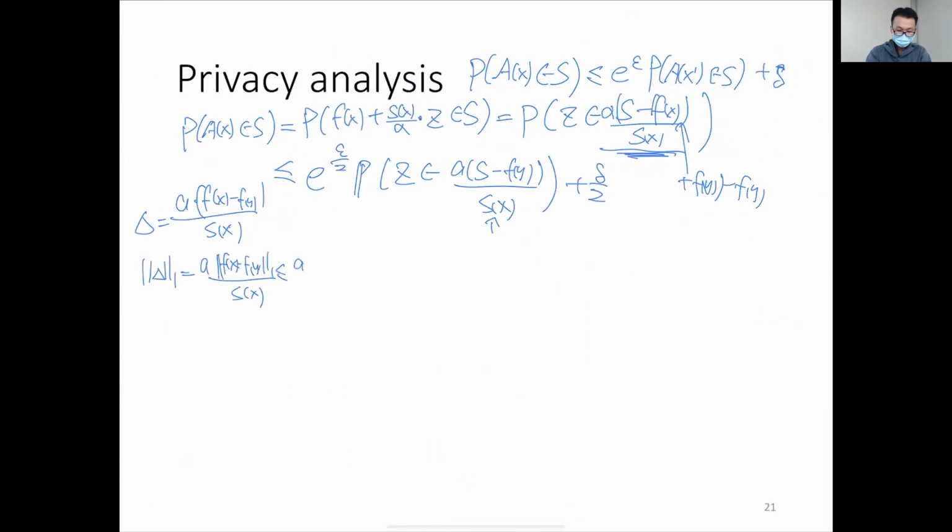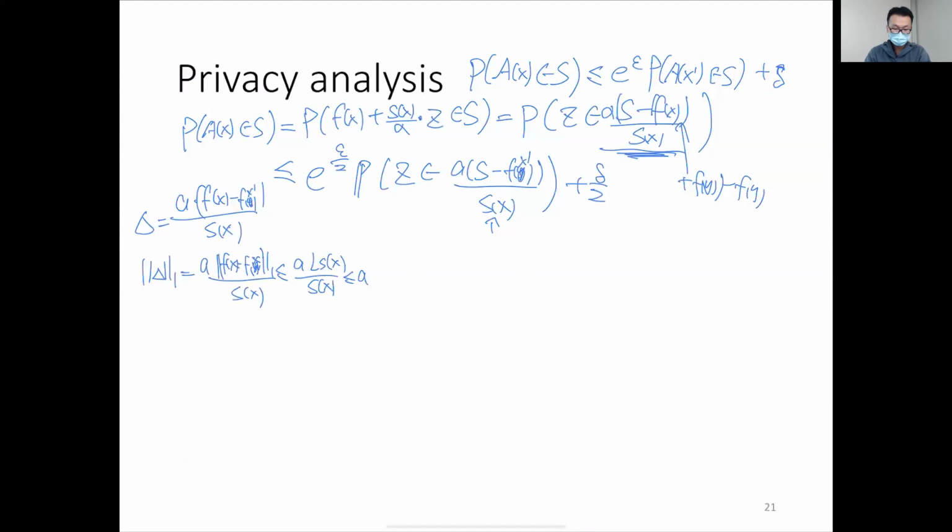This is bounded by a local sensitivity of x, since y is a neighbor of, am I using x prime or am I using y? Yeah, so let me use x prime. So since x prime is a neighbor of x, the numerator is smaller than alpha times local sensitivity over the smooth sensitivity, and smooth sensitivity is an upper bound of local sensitivity at x.